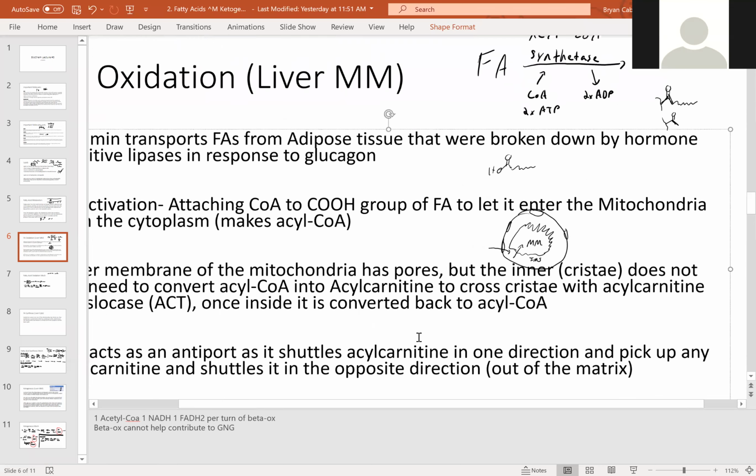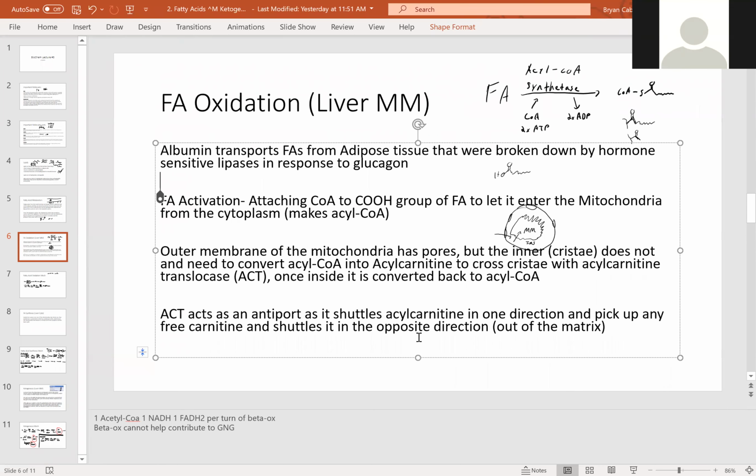Okay, and if oxidation occurs in the mitochondrial matrix, the synthesis is going to be in the cytoplasm. The reason being is it's just more efficient to construct out here rather than inside here, because there are so many things going on within the mitochondrial matrix that constructing an entire fatty acid would be better outside in the cytoplasm.